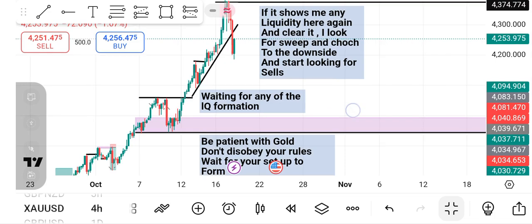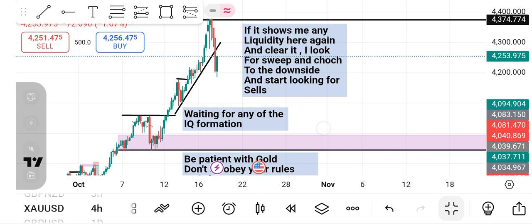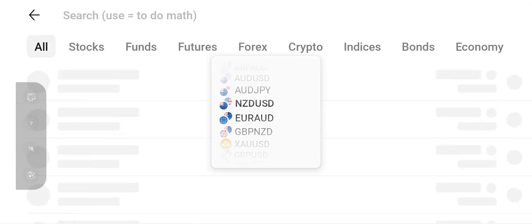Once it forms any type of liquidity trap here, whether equal low or trendline liquidity or a long wick rejection candle that shows that it has taken out liquidity, before I can start looking for buy once price comes to the discount zone.